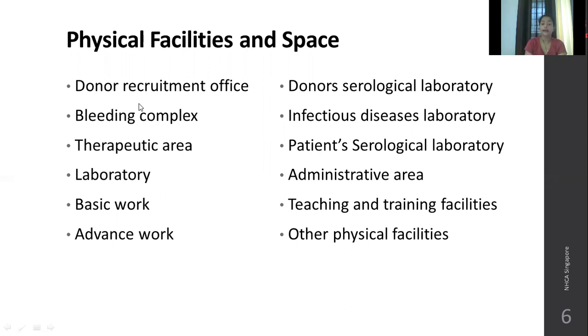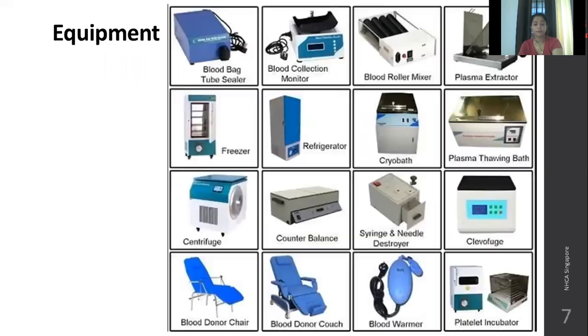For the students. And other physical facilities will include water supply, electricity supply, sewage disposal system, the storage system, steam supply, distilled water, high pressure vacuum, intercom system, and a mobile van for conducting blood donation camps in the community programs.